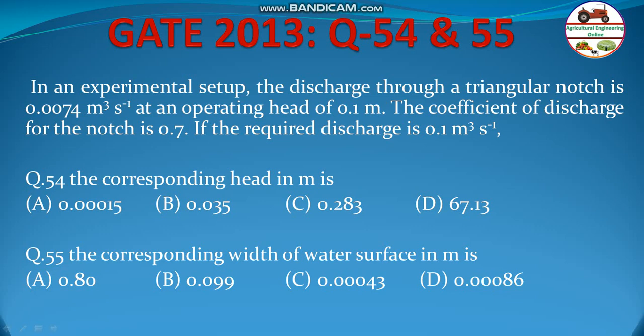So let us quickly go to the solution. This is a very easy problem actually. If you know the trigonometry and the general equation for the triangular notch, then you can just solve the problem.